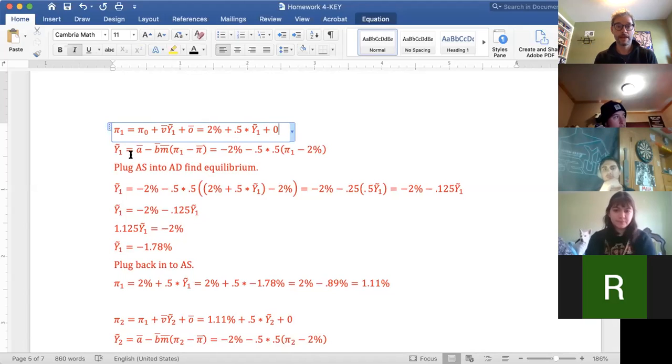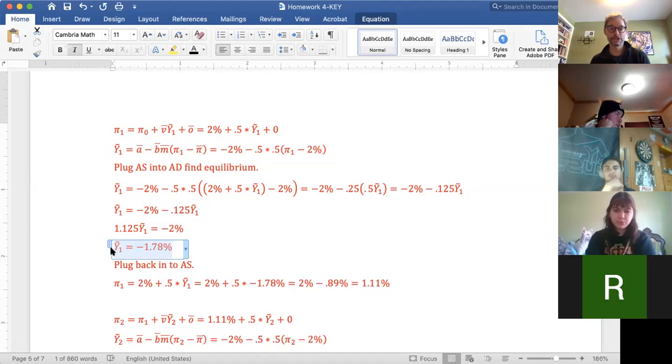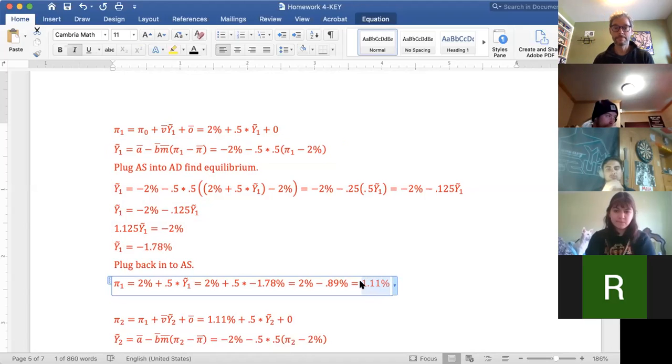And then here's my aggregate demand equation. So you plug aggregate demand into aggregate supply to eliminate short-run output. You solve down here doing some math, and you should find that short-run output is -1.78. Then plug this back into either the demand or supply equation to get inflation of 1.11.